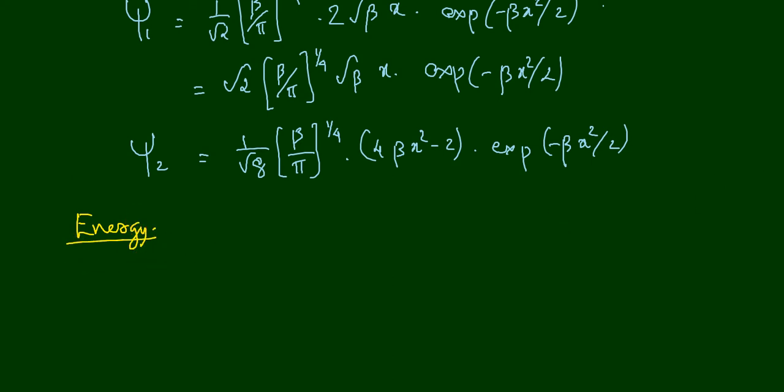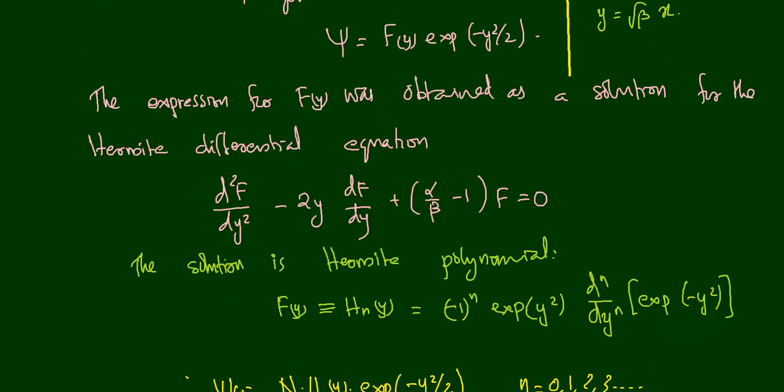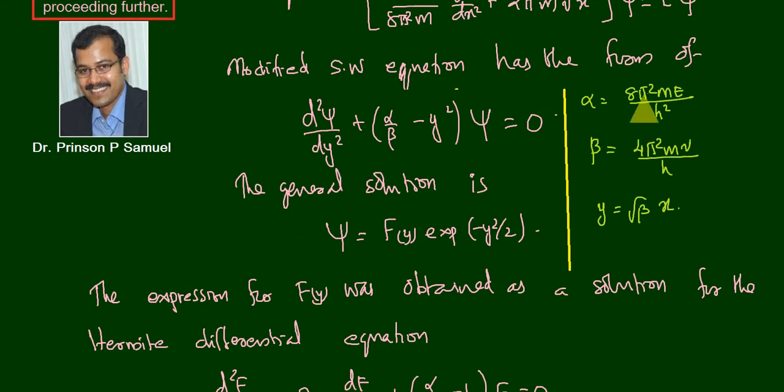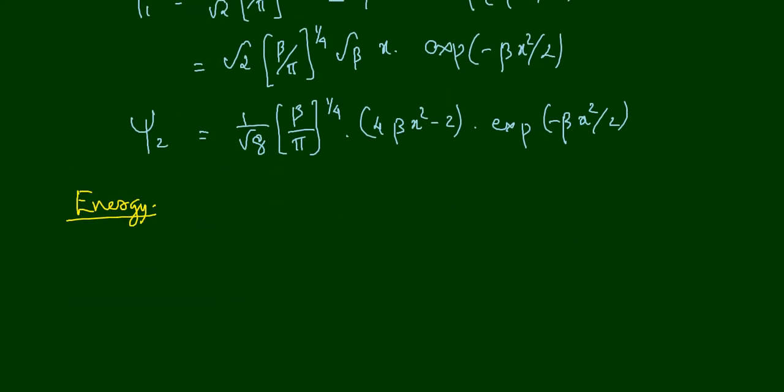And the energy expression can be obtained from our previous equations for alpha and beta. Okay, we have the expressions for alpha and beta here. Alpha is equal to 8 pi square m E by h square, and beta is equal to 4 pi square m nu by h. And from this we can get the expression for E. So let me write alpha divided by beta, that is equal to 8 pi square m E by h square, that is alpha, divided by beta.